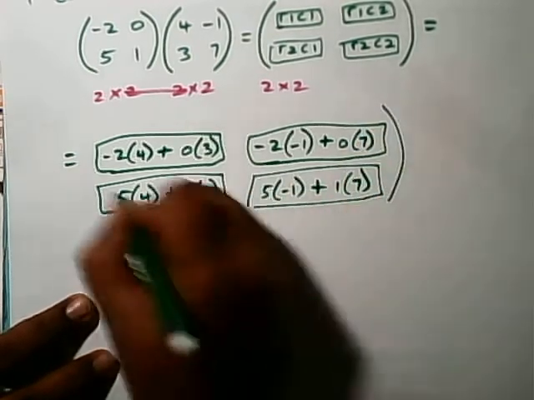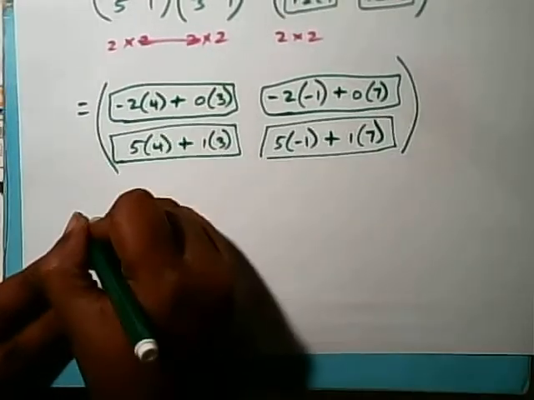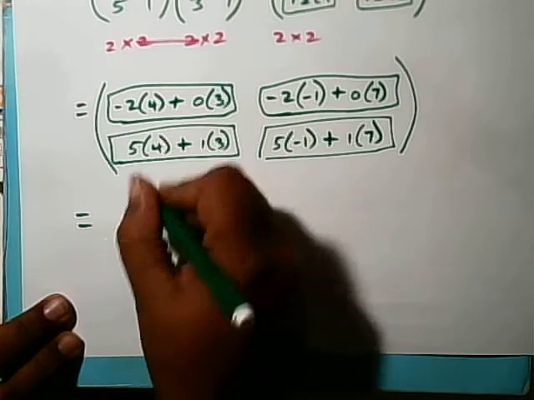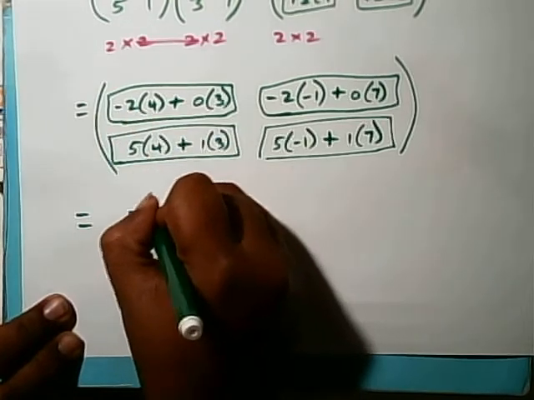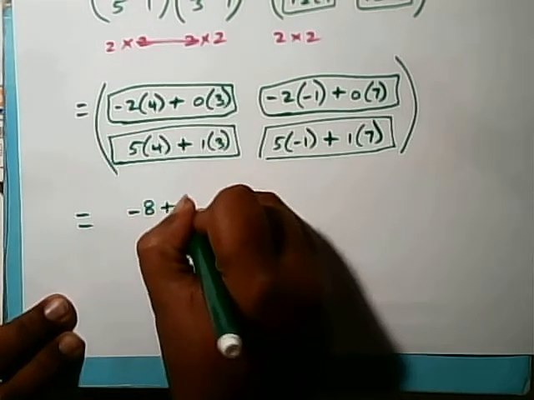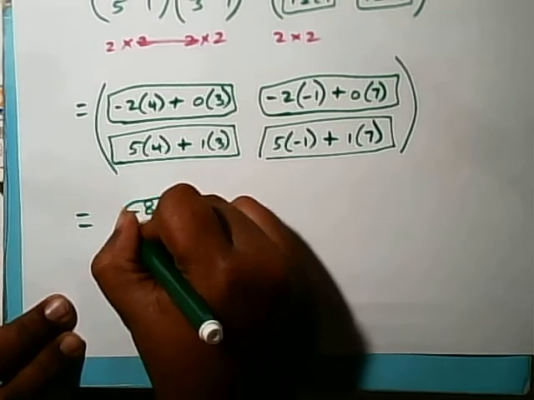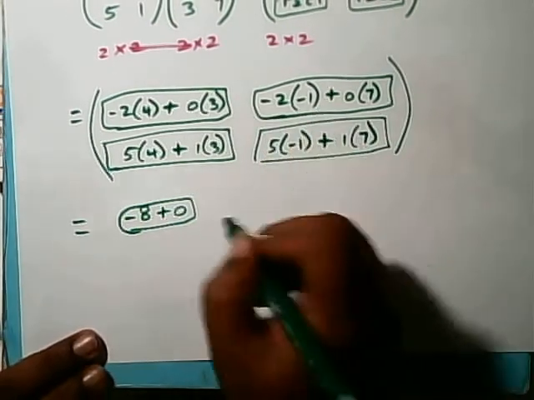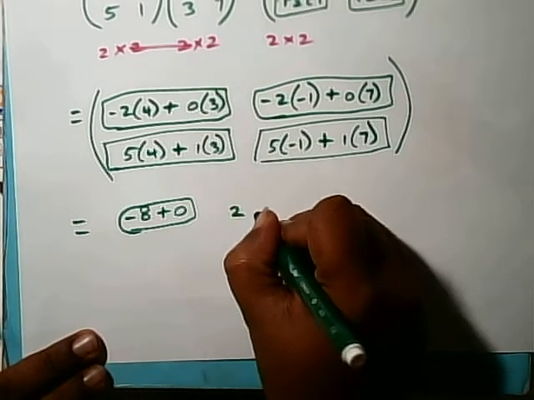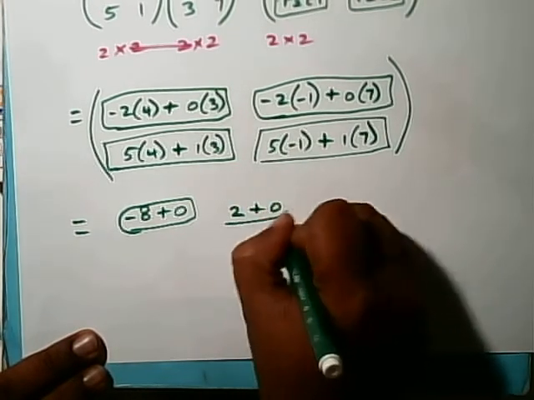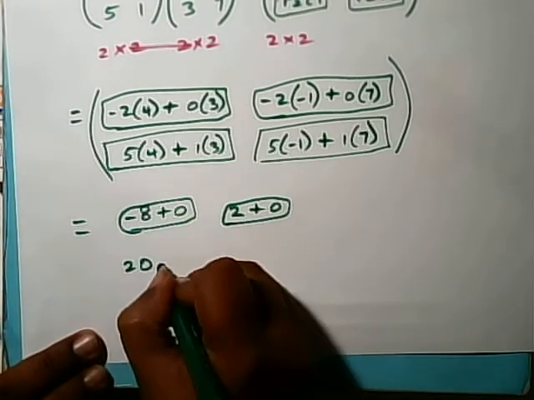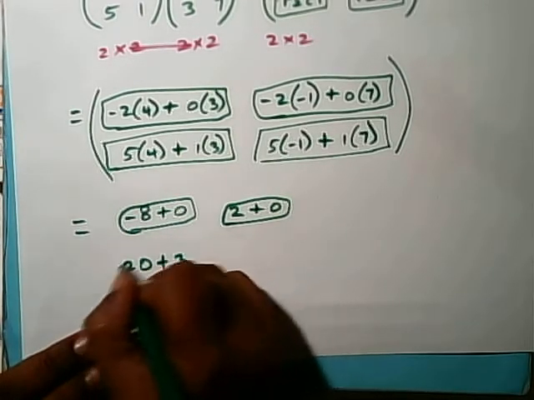We'll end up with 4 twos are 8, so this is a minus 8 plus a 0. Next, minus 2 by minus 1 is a positive 2 plus a 0. 5 fours are 20 plus 3.